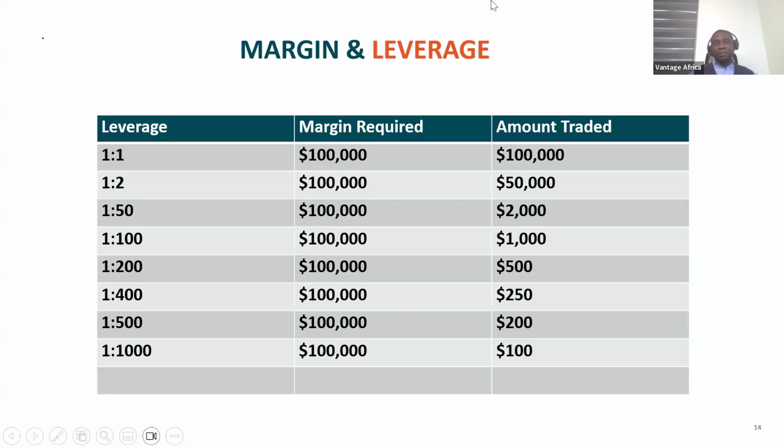All you need is $100, right? So the more leverage you have, the less capital it takes to basically do big things in the market. It's like using a lever to lift a vehicle.